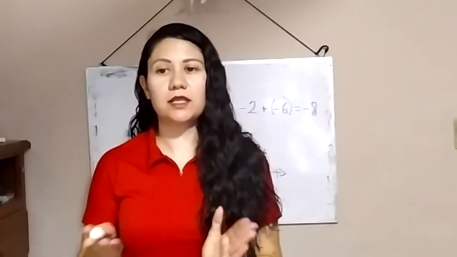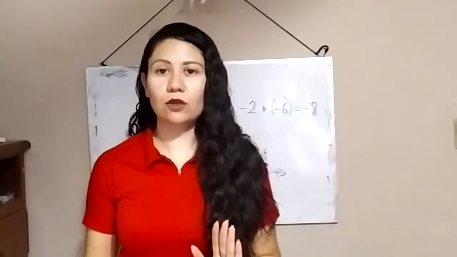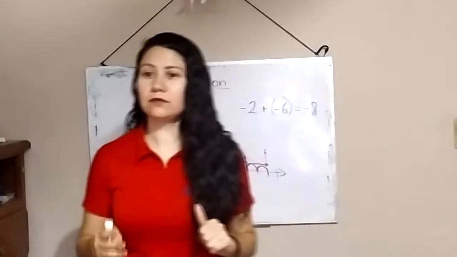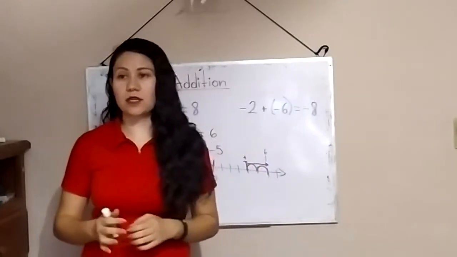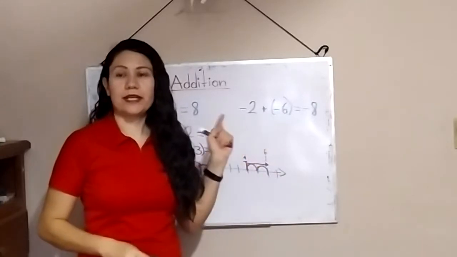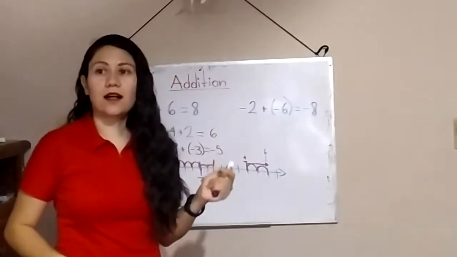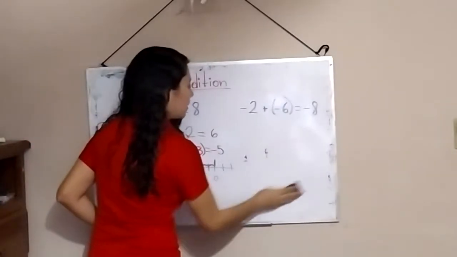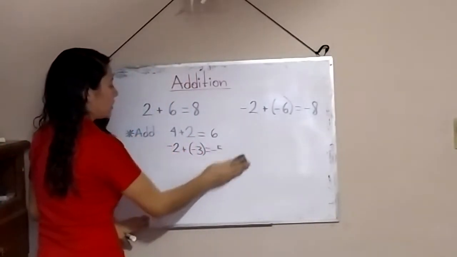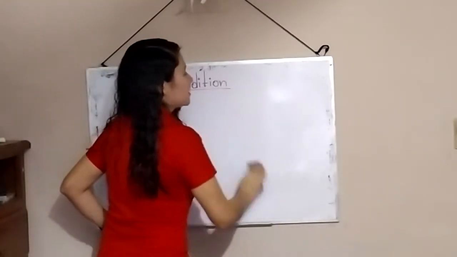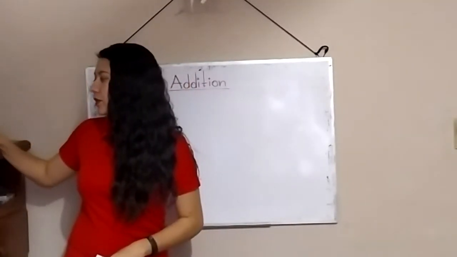It's the normal addition we know, except that the result will have the sign of our addends. Now let's see what happens when we are trying to add integers that have unlike signs, or different signs. We have some examples in our presentation, and we also have the steps to solve them.